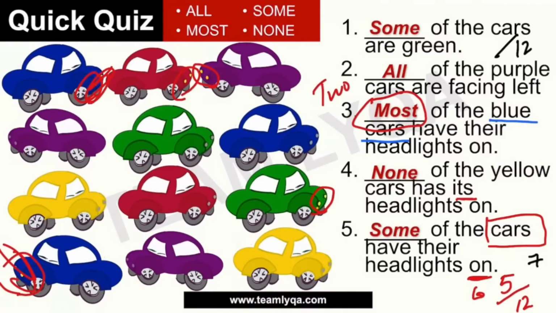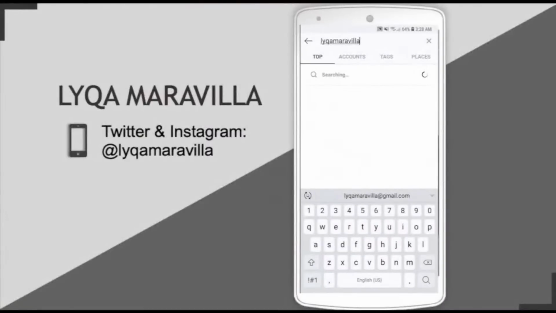Okay? We just use yung mga words na ito when it comes to quantity dahil may mga times na kailangan din natin mag-estimate. So, tansyahan na lang. And tandaan ninyo kapag all lahat, most more than 50%, some would be less than 50%, and then none kapag 0.